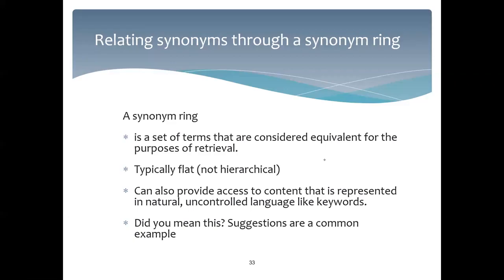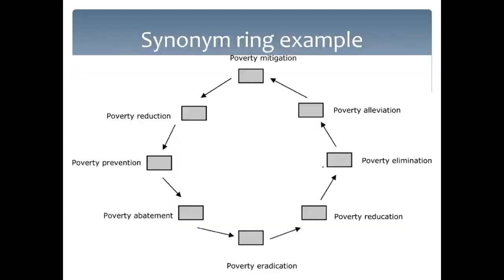You know, there's a suggestion like, oh, well, we searched for gays instead of gases, or whatever it may be that it thinks you want to search for. Now, are these always accurate? No, but it is an attempt to take a word that you might have misspelled or a commonly misspelled word, or a word that people would also be looking for, and being able to relate them together. Synonym ring looks like this.